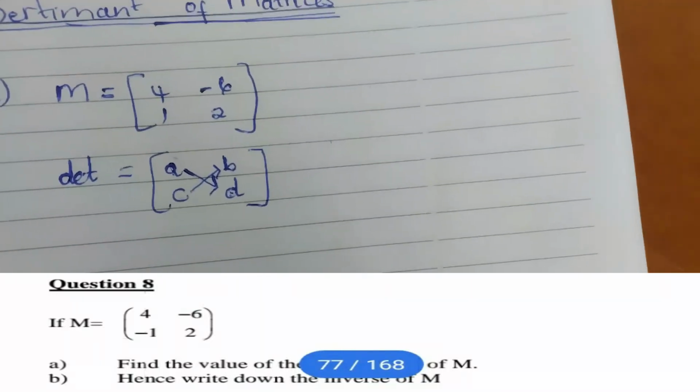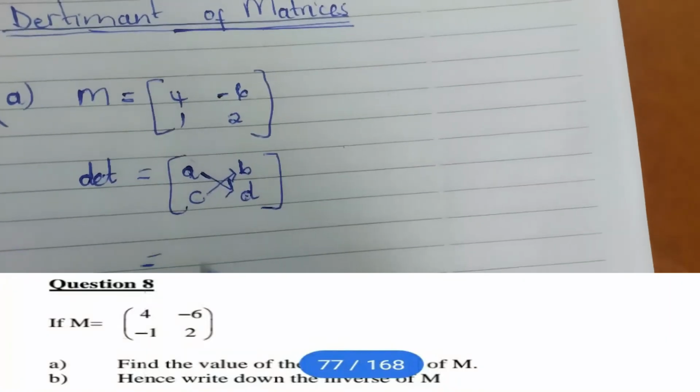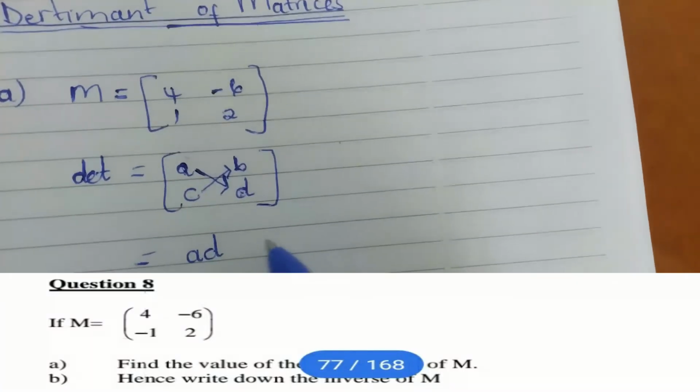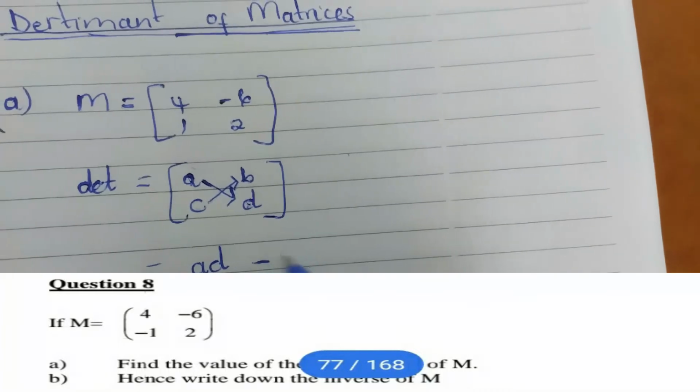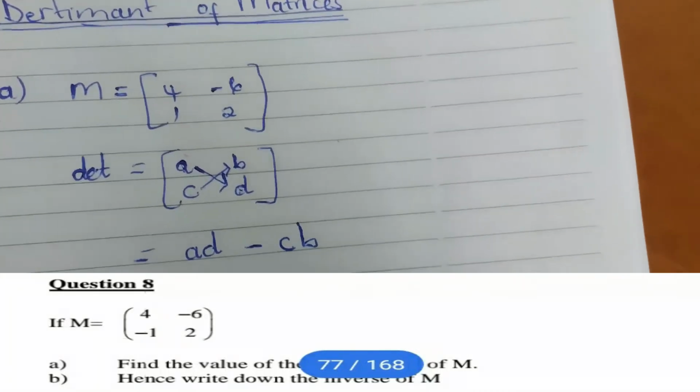That's changing the sign. So we multiply here, we get AD, then we say minus CB. So this is the formula for the determinant.